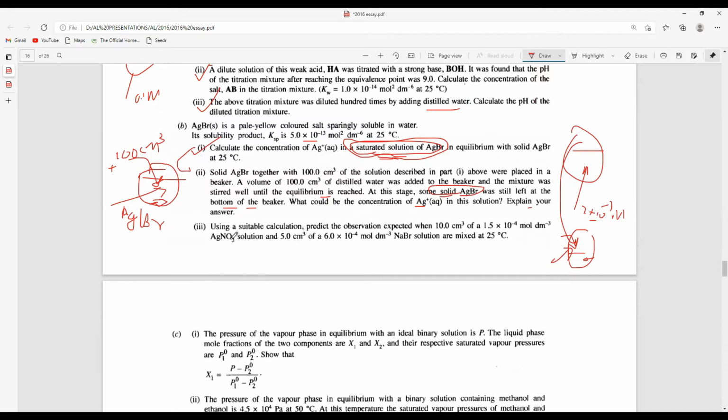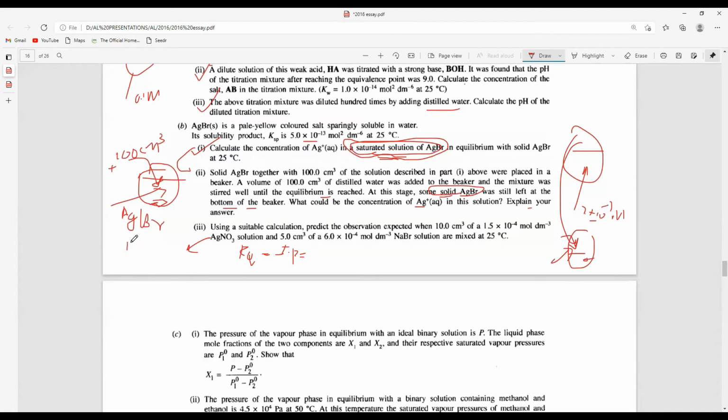Okay. Using a suitable calculation, predict the observation expected when 10 cubic centimeter of AgNO3 and 5 cubic centimeter of 6 into 10 to the power minus 4 NaBr solution are mixed. So here it is very similar to our RQ. What you can do is calculate RQ, or the ionic product. First, you have to find the Ag+ concentration, because when you are mixing, the total volume is 15.